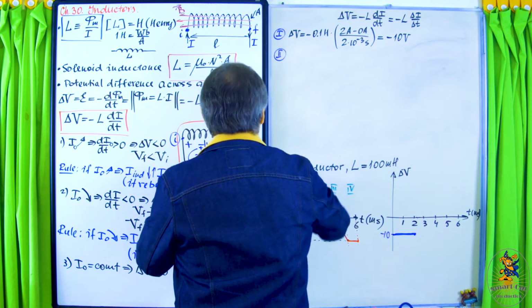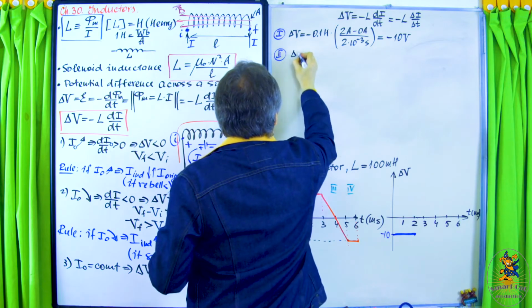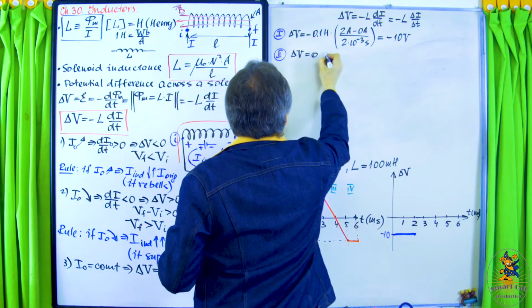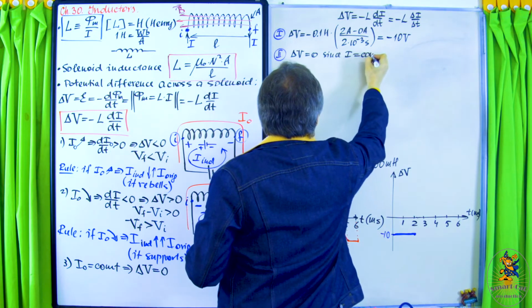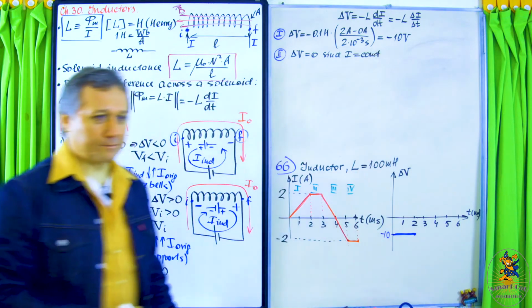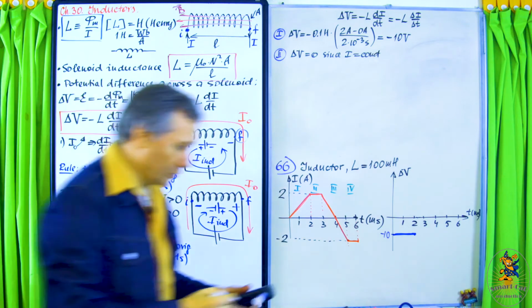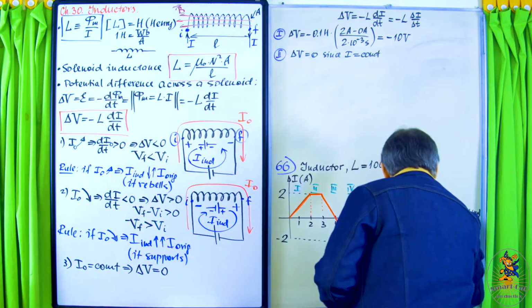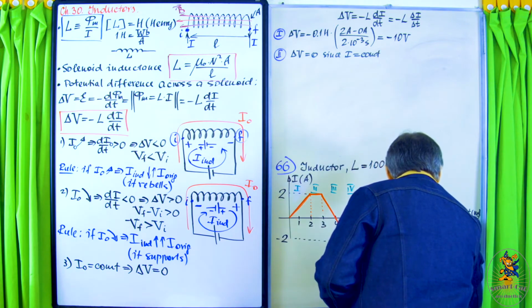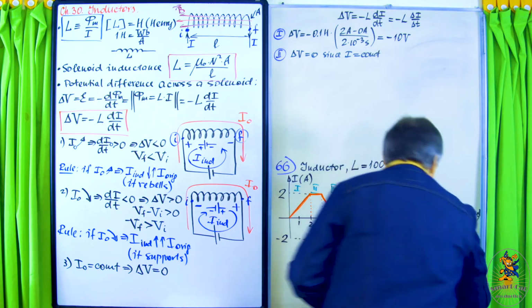So of course, delta V is 0 since current is constant. Okay, so now I can draw this. It's over 1 millisecond.